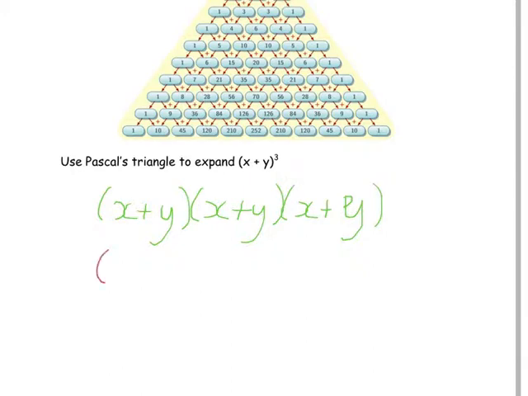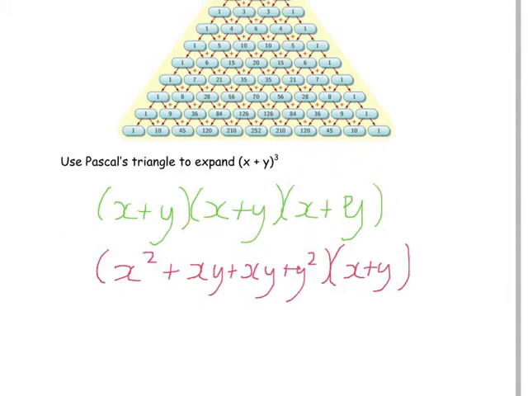So x squared plus xy plus xy plus y squared, and we've still got to multiply that by (x plus y). Obviously we can collect together the xy's in here to make 2xy plus y squared, and that is going to be multiplied by (x plus y).